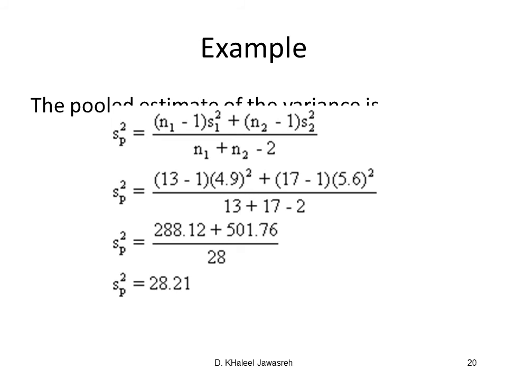Just applying the equation, n1 is 13, S1 is 4.9. As you see in the example, I gave you the standard deviation, not the variance. From the previous lectures, we know that the standard deviation is the square root of the variance. Return back to the previous lectures discussed in the videos or in the classroom.